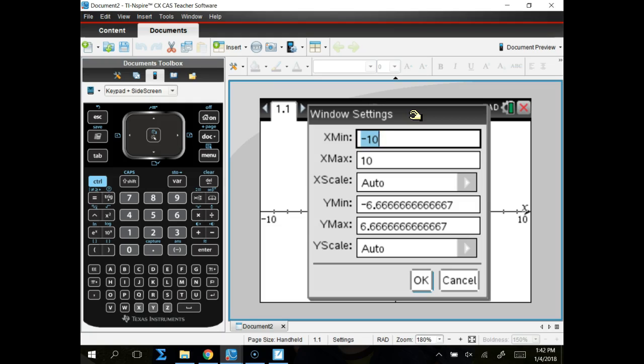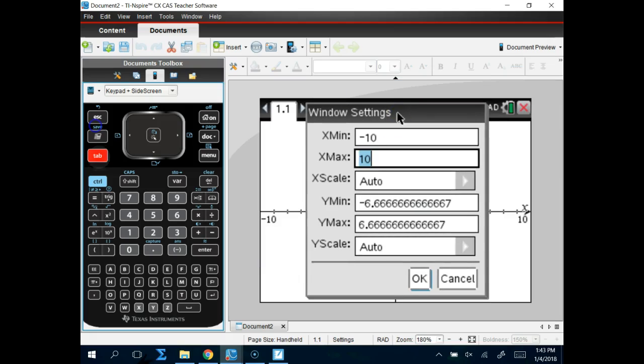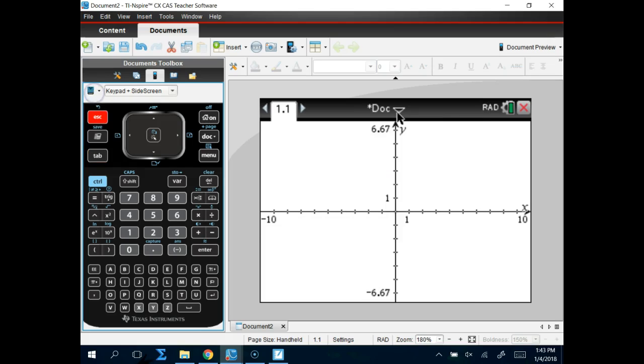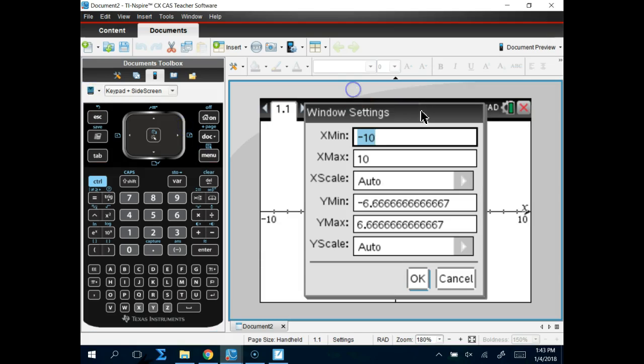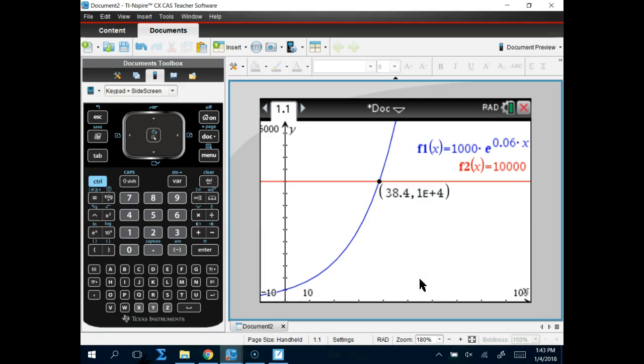So we went -10 there. We went 100 here, by tens there. We left that one there. That one had to be above 10,000, so we went by 1,000. And that got us to that.